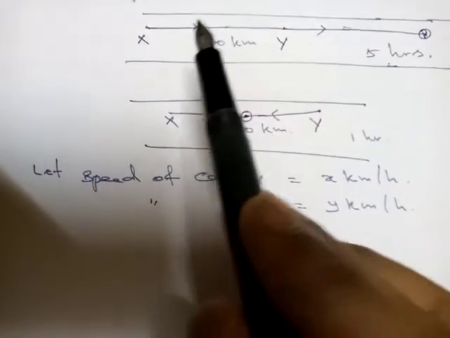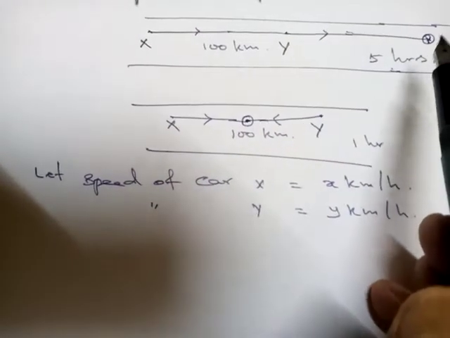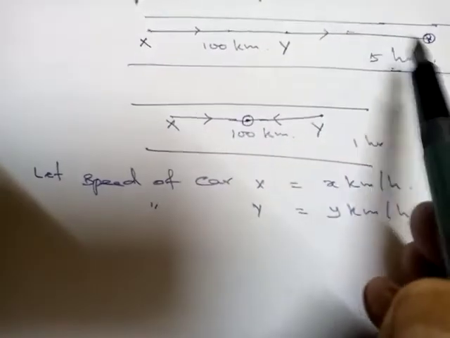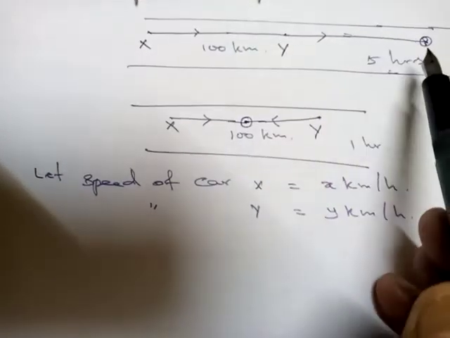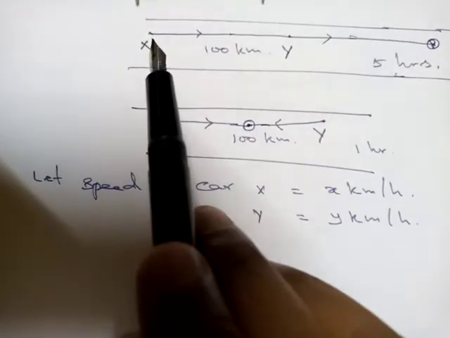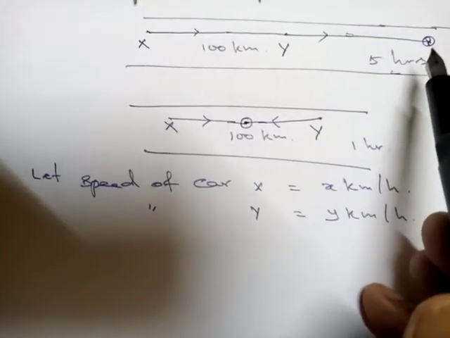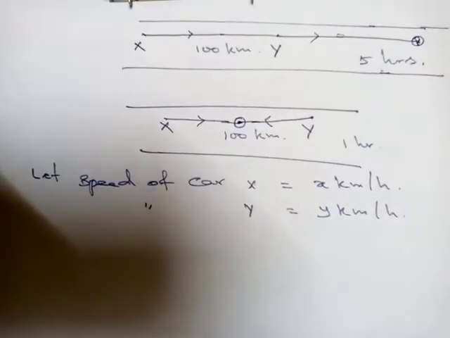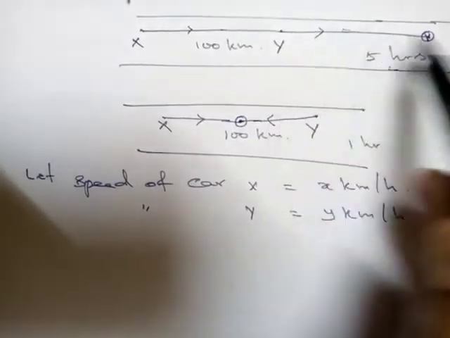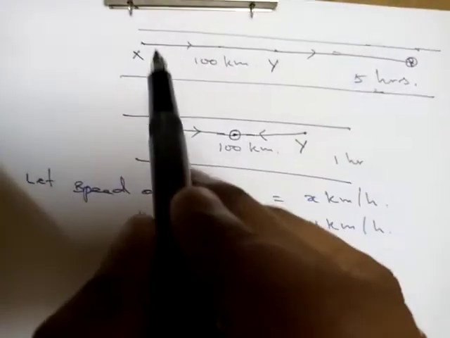See here, actually x and y both of them are meeting here after 5 hours. That means what? The first car x travels 5 hours, car y also travels 5 hours, because both of them started at the same time. So car x travels 5 hours, car y also travels 5 hours, correct? So distance traveled by x minus distance traveled by y, if you subtract, you will get this 100 kilometer, correct?